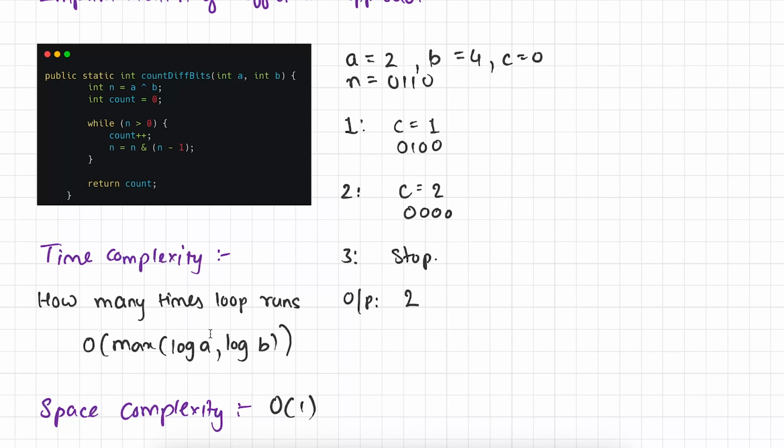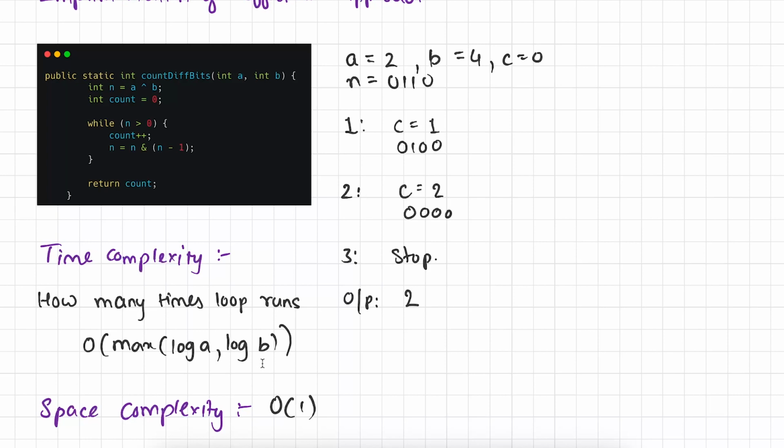Because when we take the log, we can easily get the number of bits needed to represent any number. And why maximum? Because when a number is greater, it is probably going to have more set bits, in the worst case. Here we are talking about the worst case only. We are not considering the best case because we are not clear what the numbers will be. So this is about time complexity.